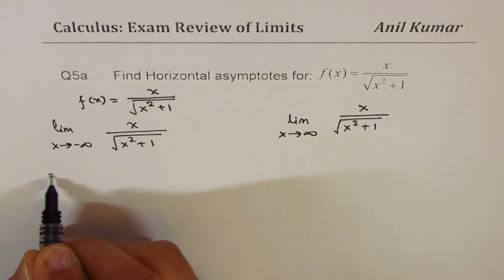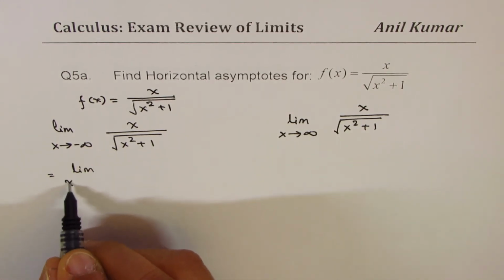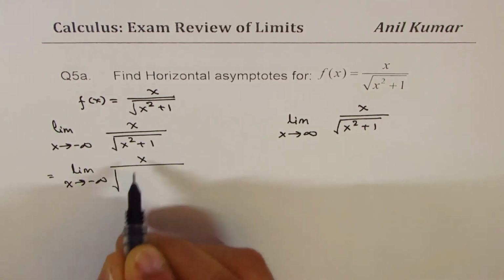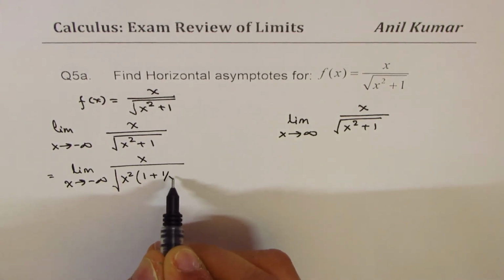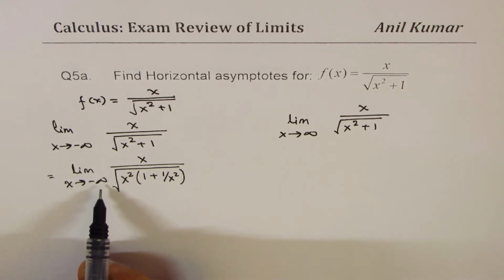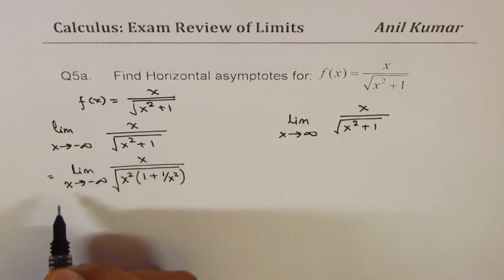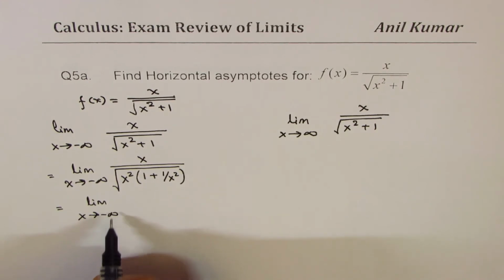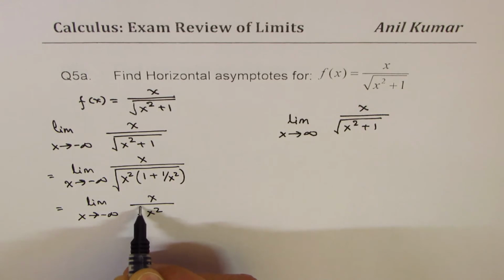What we will do here is factor out x squared from the denominator. So we have x over, within the square root, I'll factor out x squared. I'll get 1 plus 1 over x squared, correct? Now if x is very large, then 1 over x squared will be 0, correct? So I could write this as the limit as x approaches minus infinity for the function being x over square root of x squared.